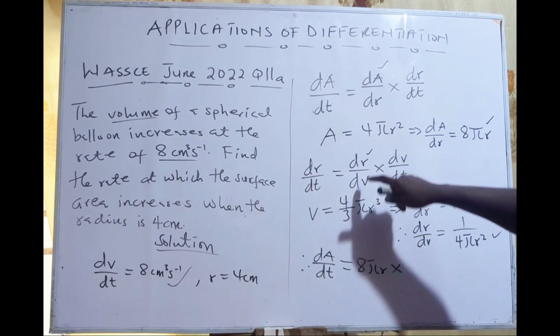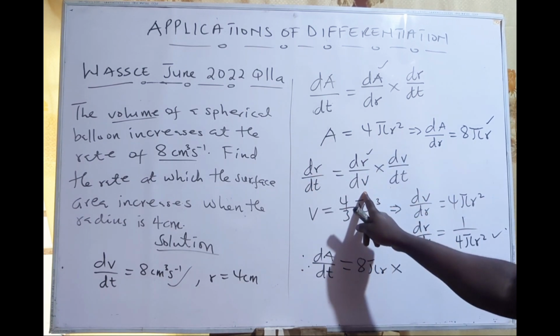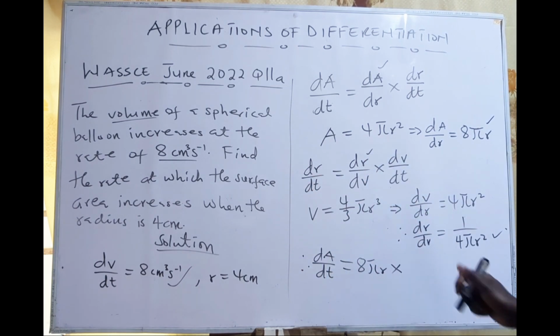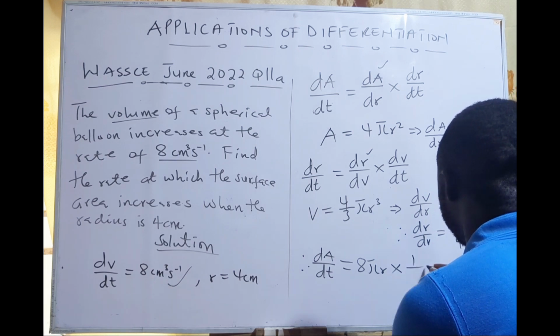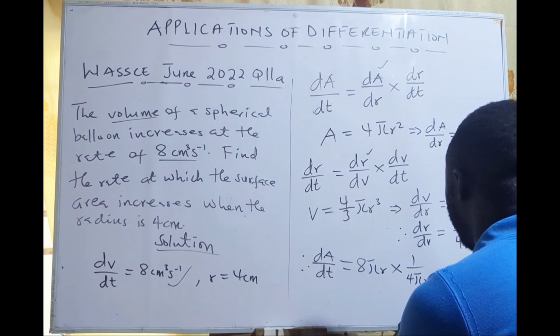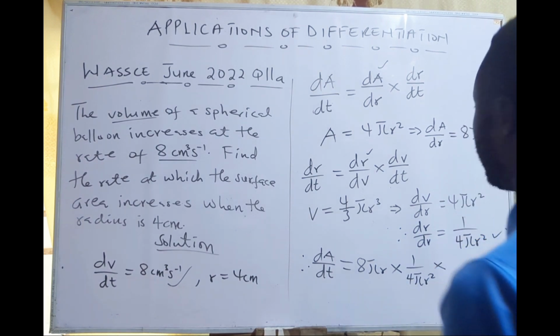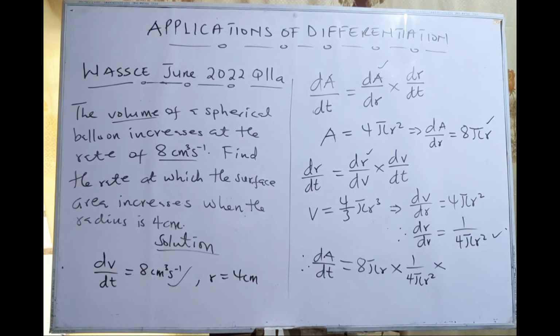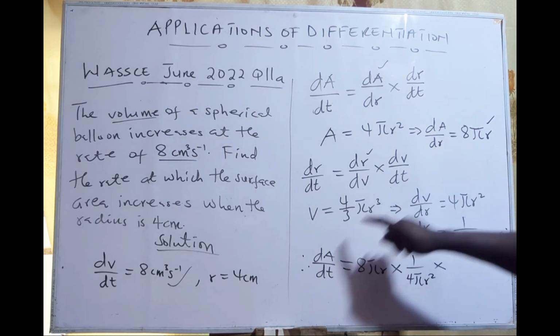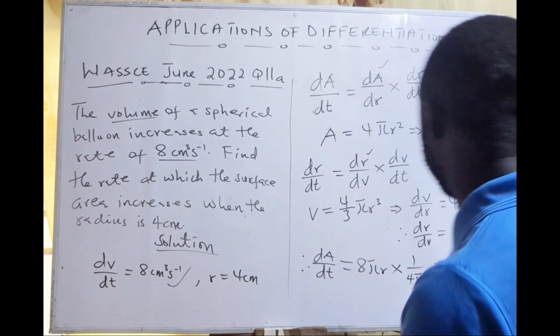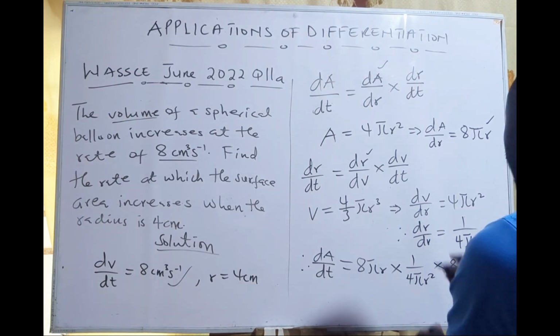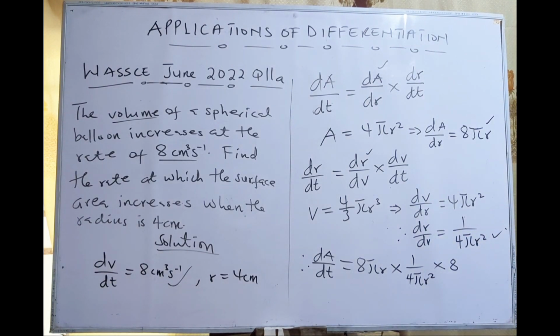What is dr/dt? It is dr/dV. What is dr/dV? That is 1 over 4 pi r squared, times dV/dt. What is dV/dt? 8. So it's just substitution.